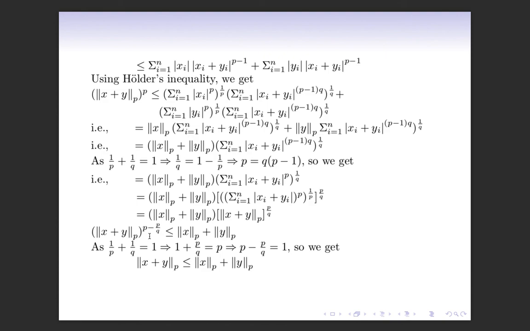And here we note that p minus p by q is equal to 1. So in the left hand side we have norm p of x plus y is less than or equal to norm p of x plus norm p of y. Thank you.